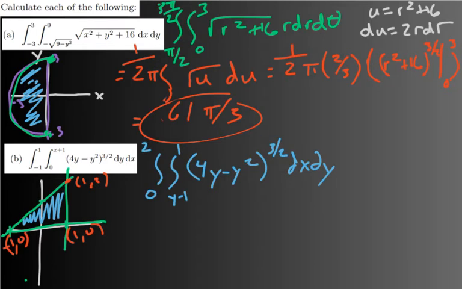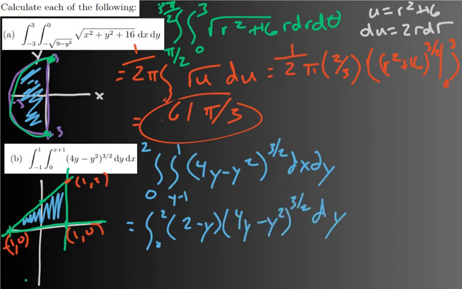And then if you do the dx integral, you're just going to tack on an x, and you're going to do 1 minus y minus 1 in there. And so you're going to get a 2 minus y times 4y minus y squared to the 3/2 dy. And actually now, it's a pretty nice u sub. So if you do u equals 4y minus y squared, that's basically how I'd go about solving it.